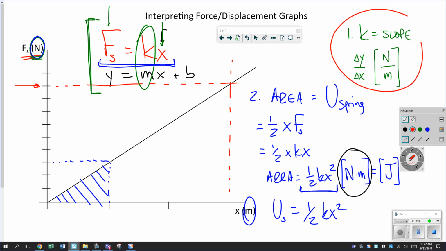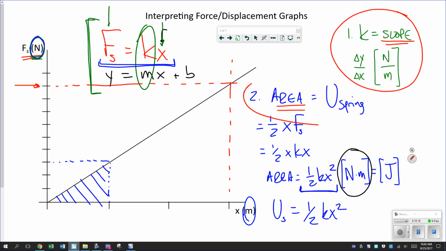Sometimes there are two things you can find. The slope is sometimes a value, and the area is sometimes a value. All right? So as it applies to a graph of spring force versus displacement, understand that those two quantities, both energy and spring constant, can be found from the same graph. Okay? Okay.